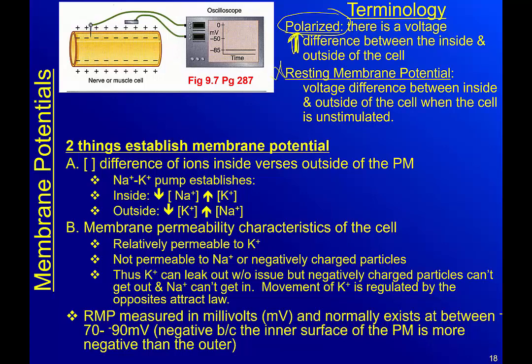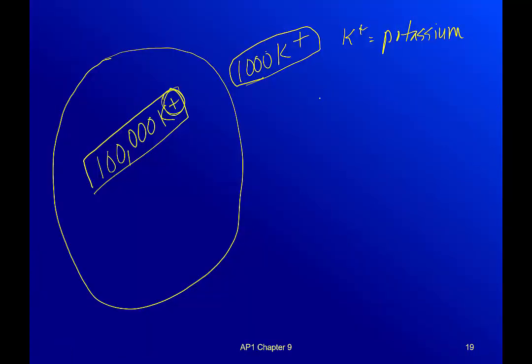So, resting membrane potential. That's the voltage difference between the inside and outside of a cell when the cell is unstimulated. Nothing is happening in the cell at this time. And normally for our neurons and our muscles, that's between -70 and -90 millivolts, which is just a unit of measure.